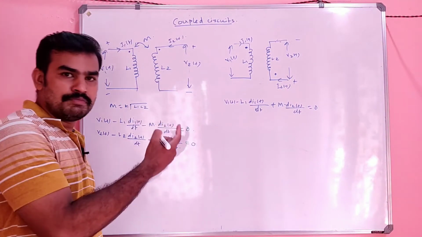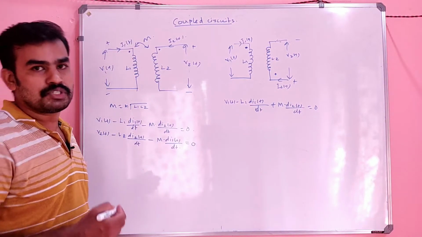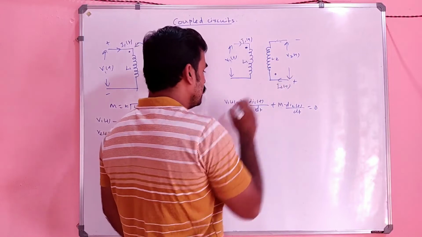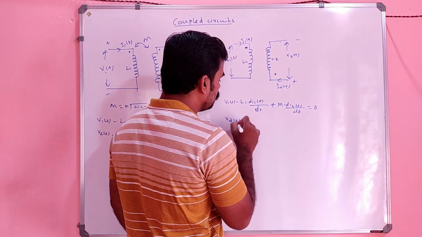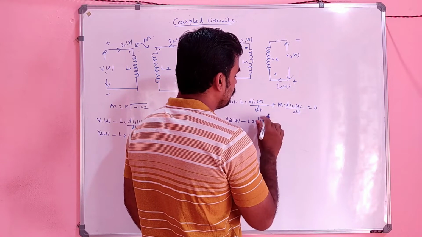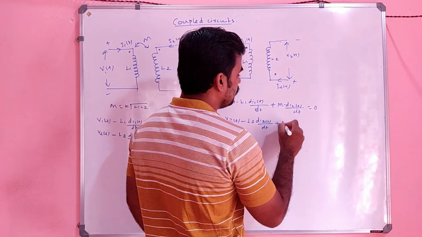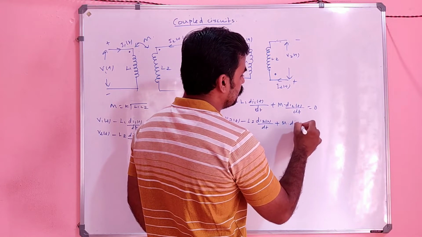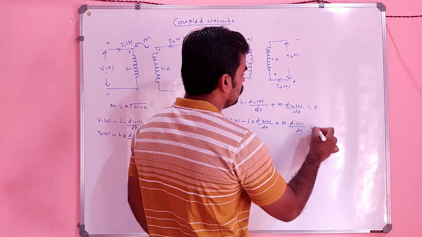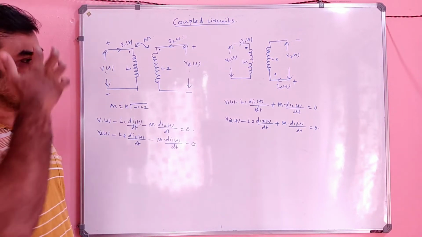If the dot is changed, the sign of M in the equation also changes. Similarly, V2 of t minus L2 into dI2 of t divided by dt plus M into dI1 of t divided by dt equal to 0. That is the change.